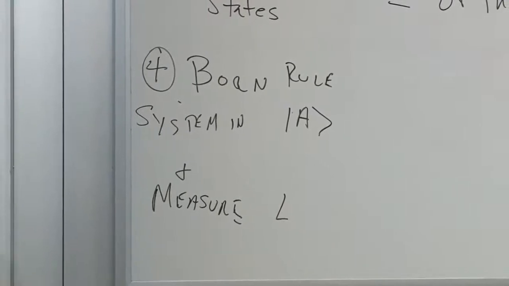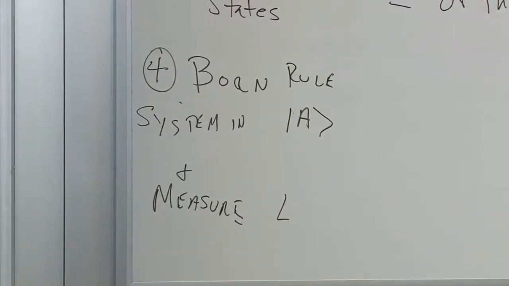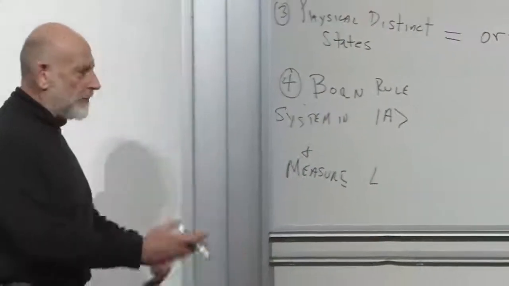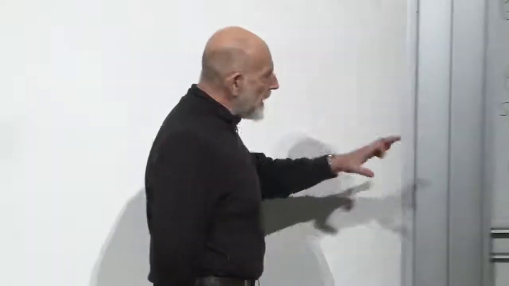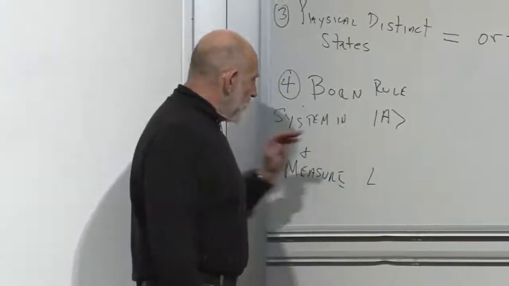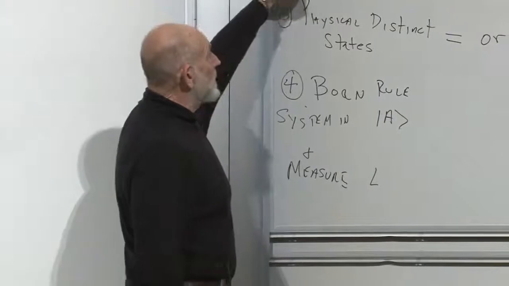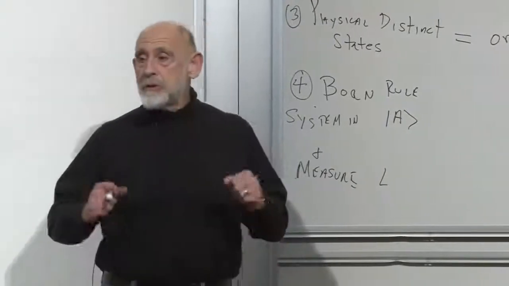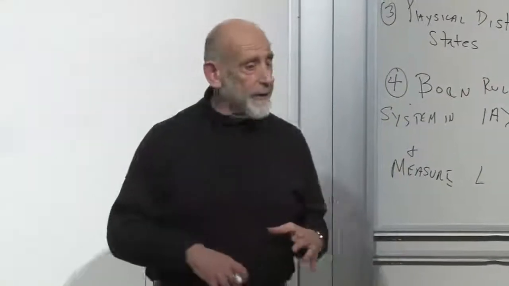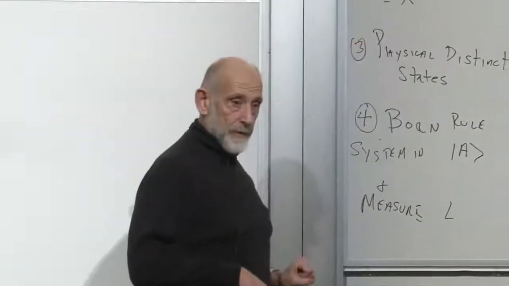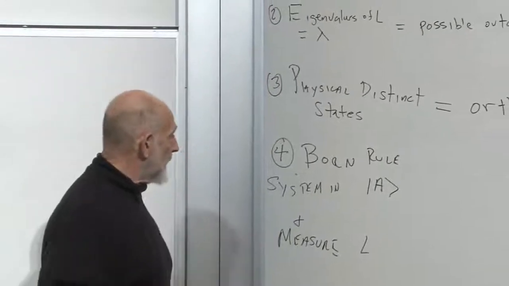I'm not going to make a special language where the operator will always be called the operator and the observable with L, same, they come in pairs. All right, so if the system has been prepared in state A and you measure L, the outcome is going to be one of the eigenvalues. So the only question you can ask is, what is the probability that you get the answer lambda? Okay, one of the specific eigenvalues.